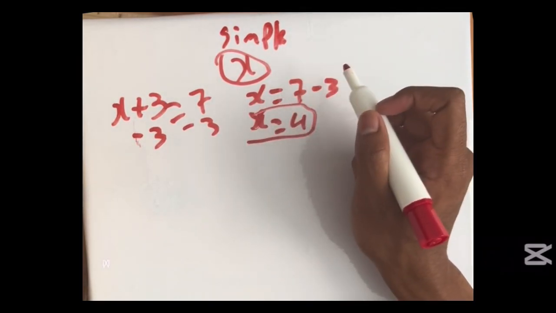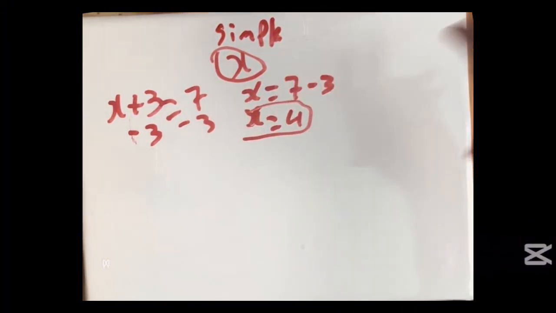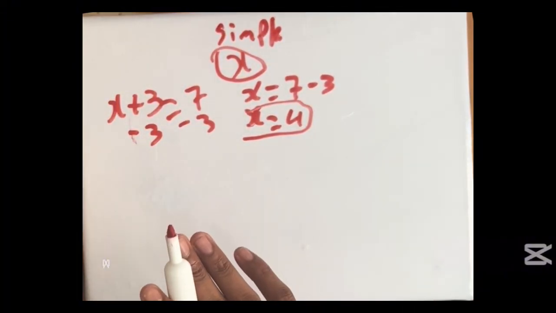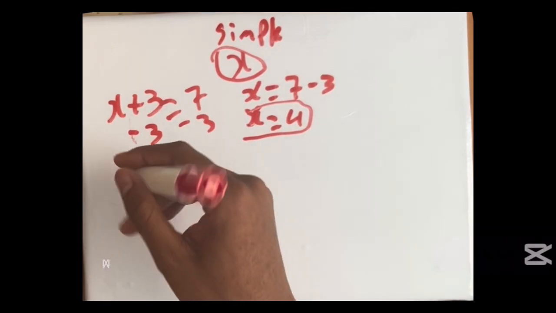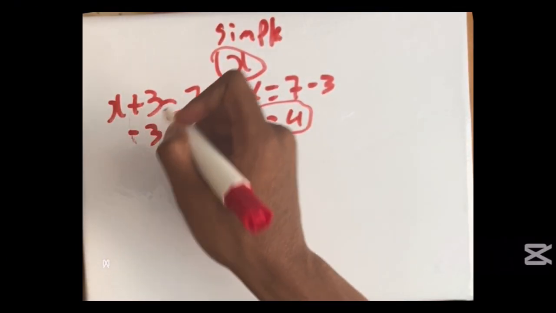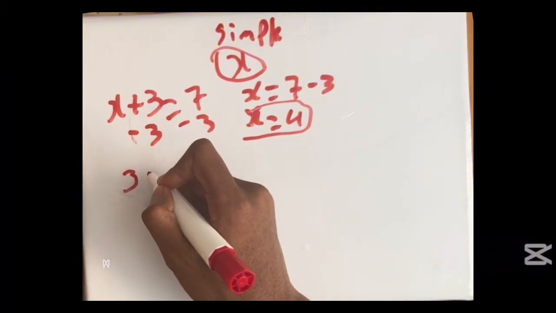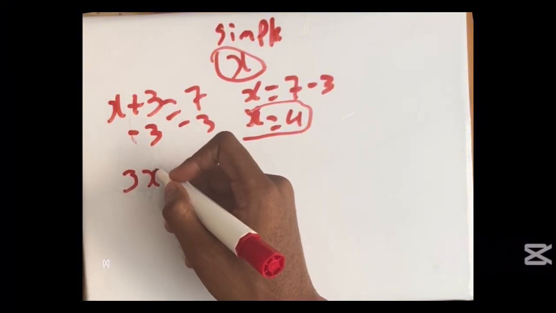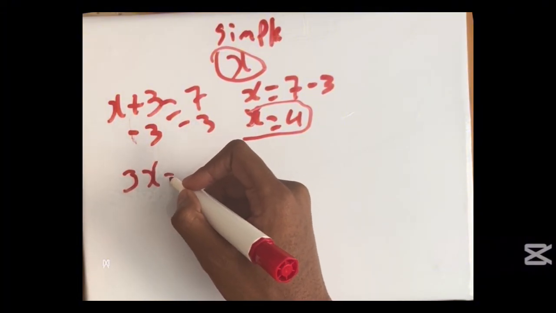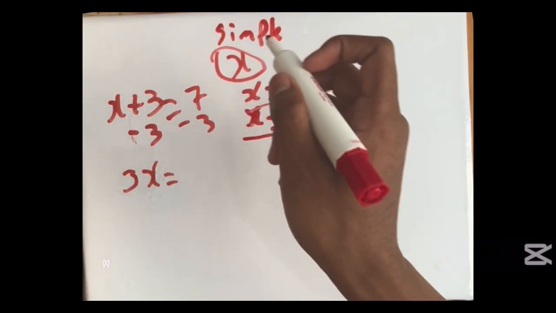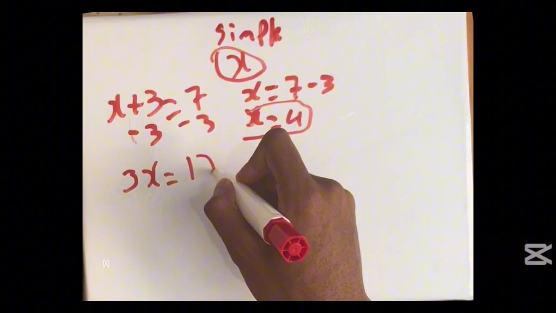So this is simple. Now let's do something more complex, but still basic. Let's say we have almost the same thing. You have 3 times x equals, let's do 12.